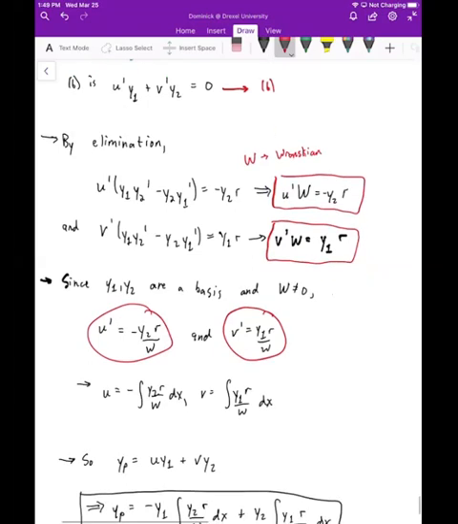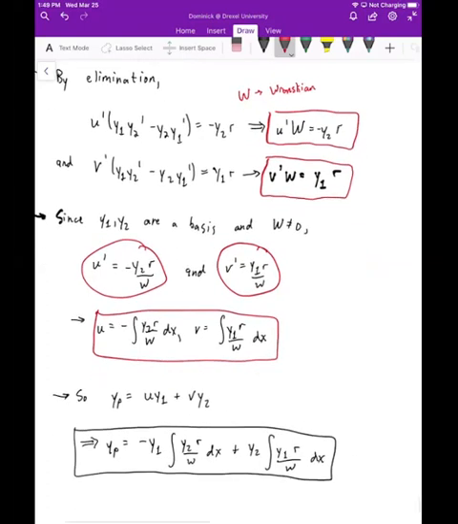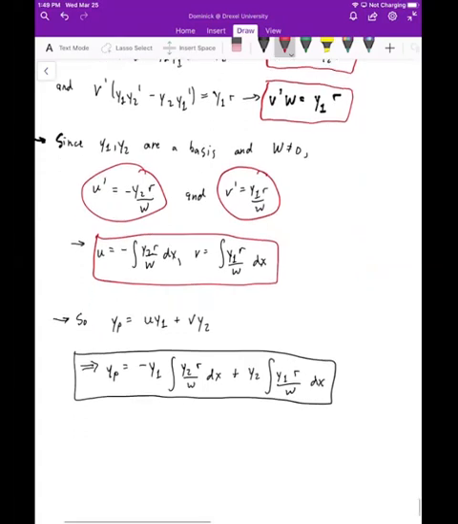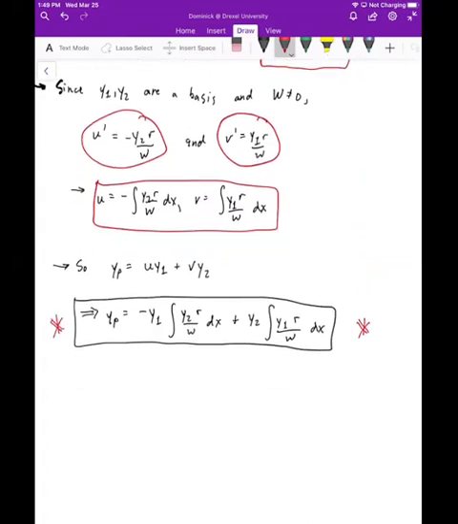And of course, to get U and V explicitly, we just need to integrate both sides. And that's what's giving us what we had before, right? So the goal was to represent y sub p as u times y1 plus v times y2, which we are able to solve for u and v. So plugging them in gives us what we had earlier. And again, just a reminder, you don't have to do this derivation every time.